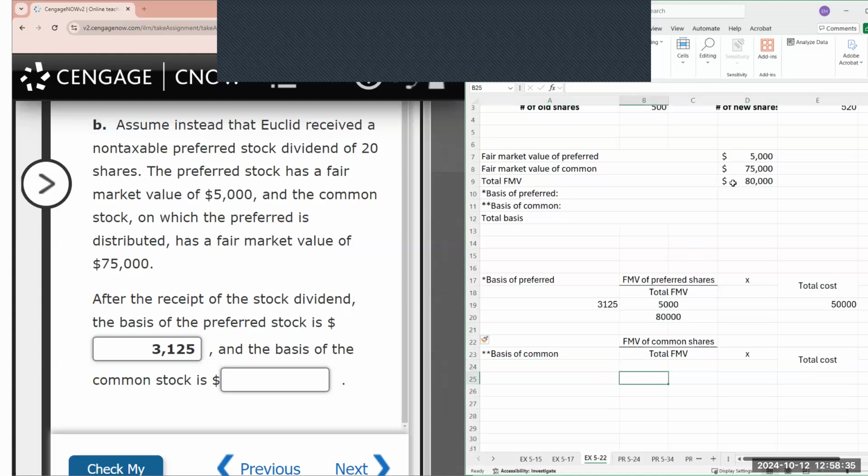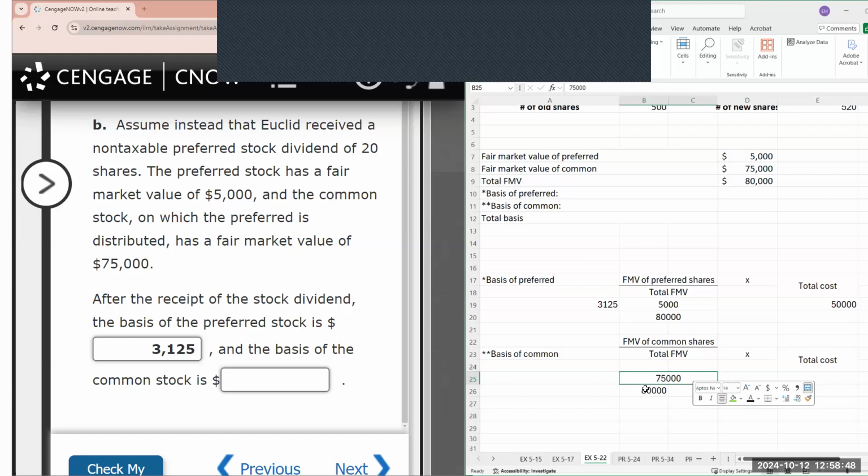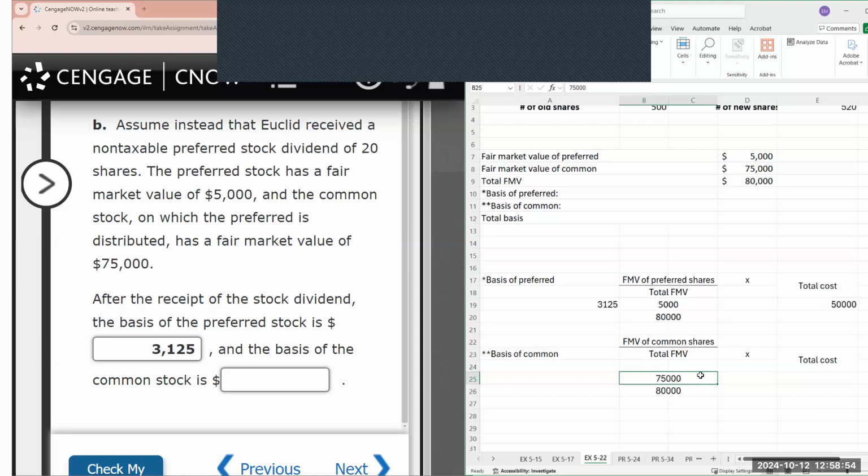So for our common shares, we know that the fair value of the common shares is 75,000. The total is 80,000. And then we know that the cost is $50,000. And we do essentially the same calculation that we did up above. So it would be 75,000 divided by 80,000 multiplied by the cost basis of 50,000.